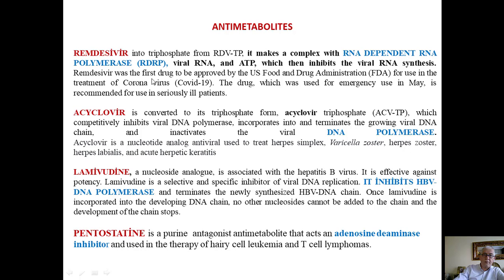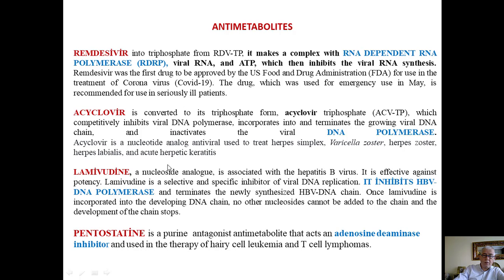Remdesivir was the first drug approved by the U.S. Food and Drug Administration for use in the treatment of coronavirus. The drug, which was used under emergency use in May, is recommended for seriously ill patients.